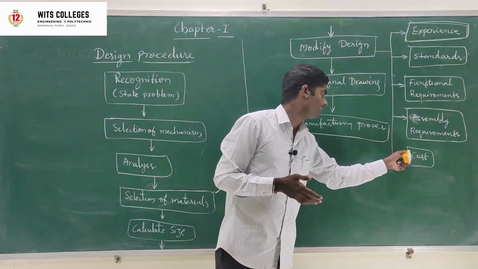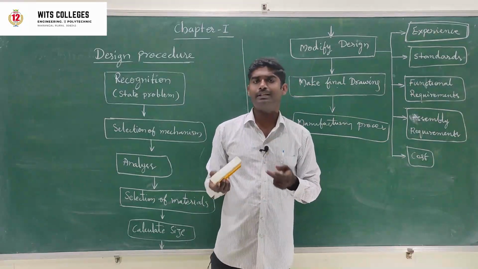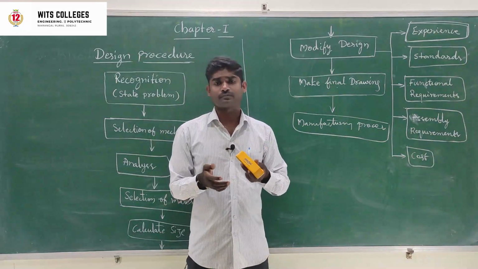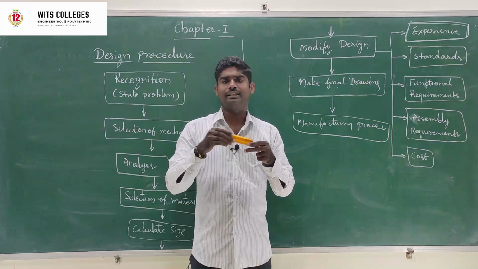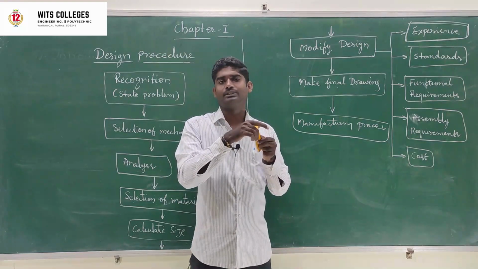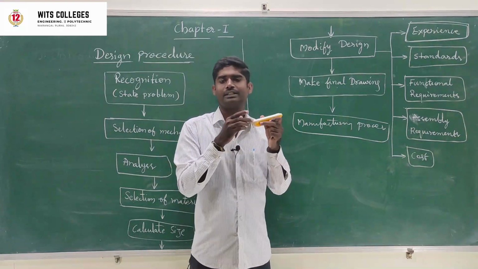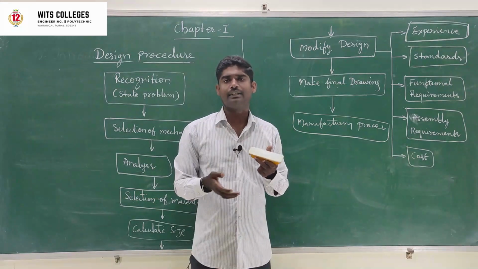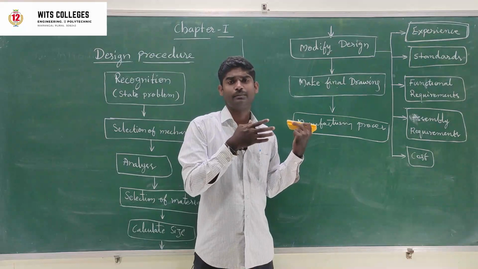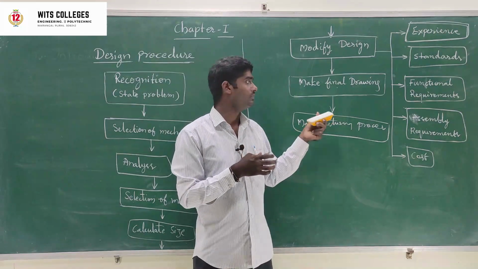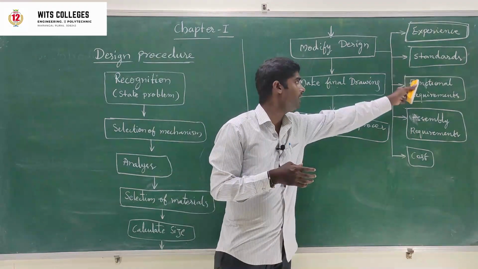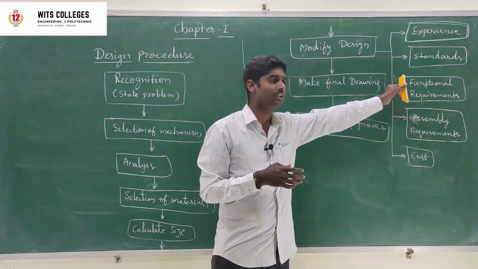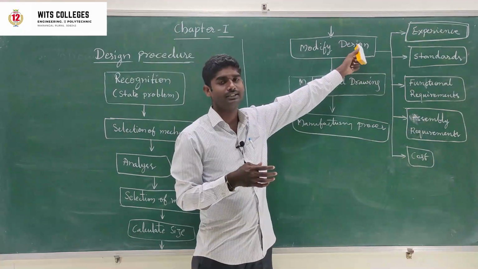Next, go for the cost. Different materials and different manufacturing processes have different costs. These costs are different depending upon materials, machining processes, and so on. Using all those things, we modify the design in this step.